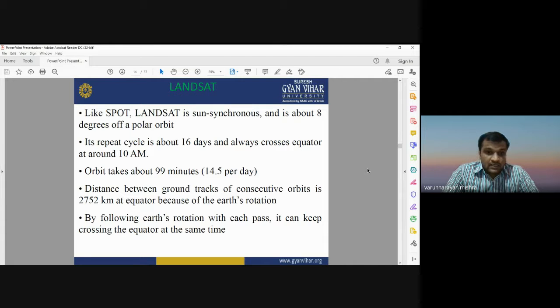It takes about 99 minutes to complete an orbit, and the distance between the ground tracks of consecutive orbits is 2752 kilometers at the equator. By following the earth's rotation, with each pass it keeps crossing the equator at the same time.